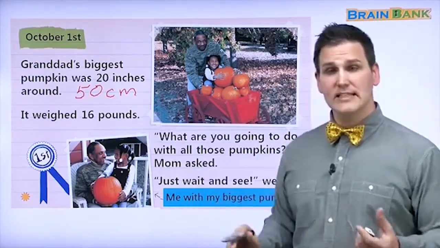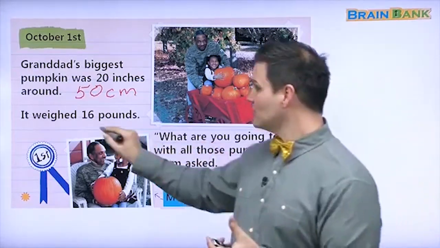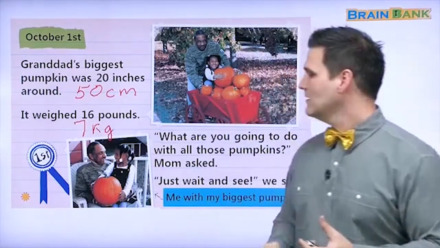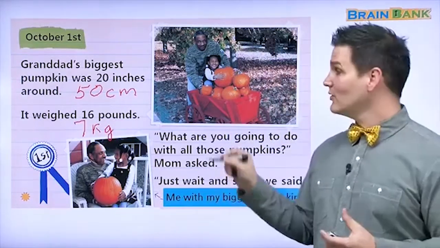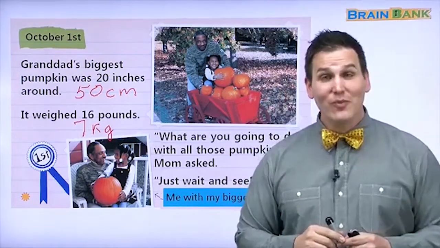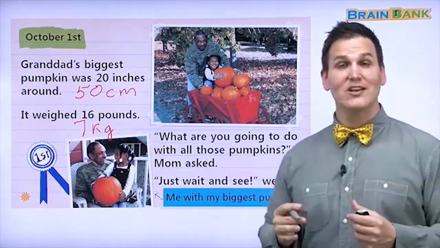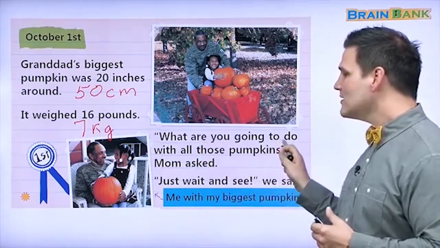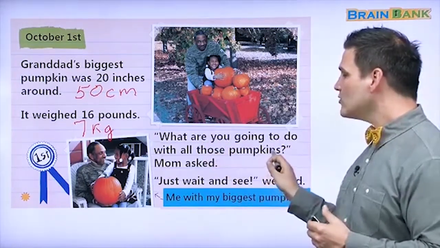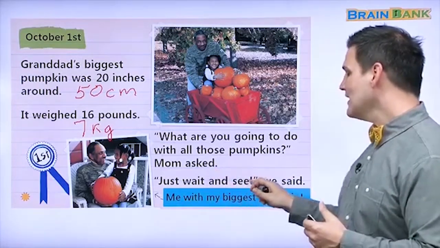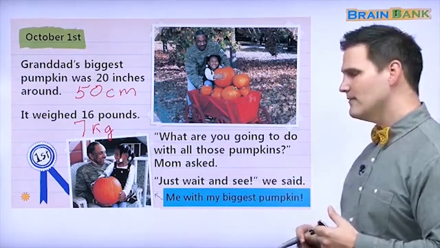And it weighed 16 pounds, which is about 7 kilograms. So Grandpa got second place. But the two pumpkins were very close. Very similar. What are you going to do with all those pumpkins? Mom asked. Just wait and see, we said.